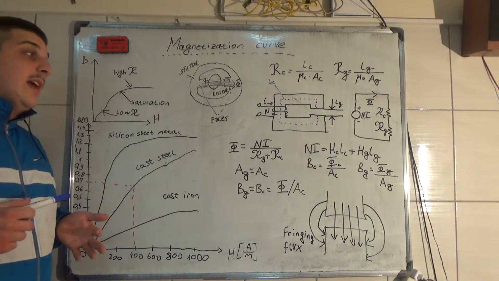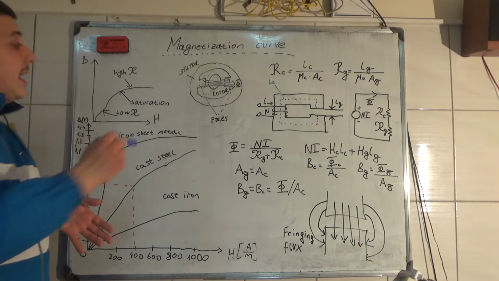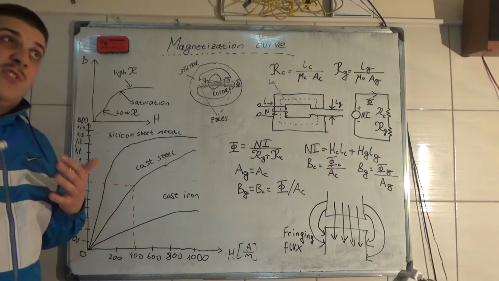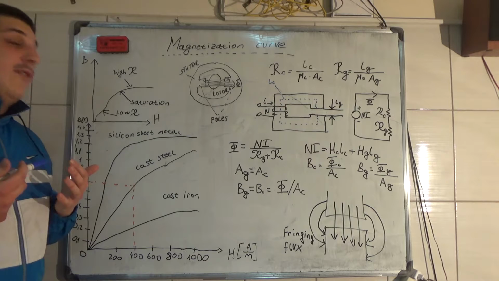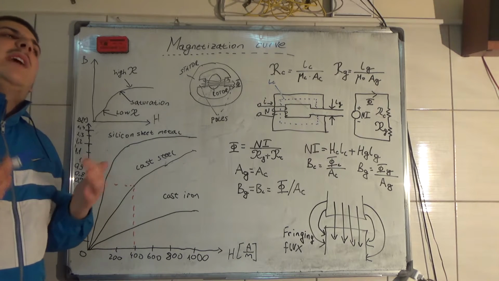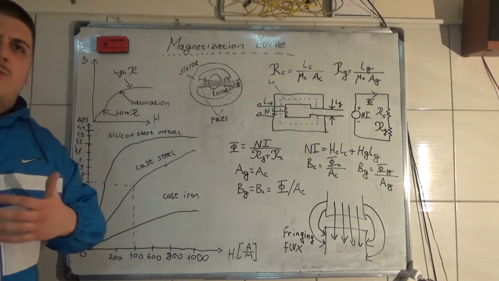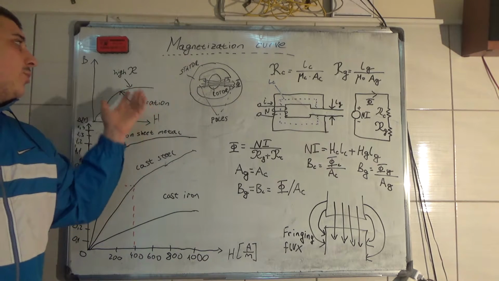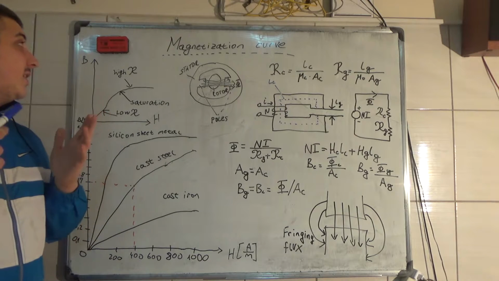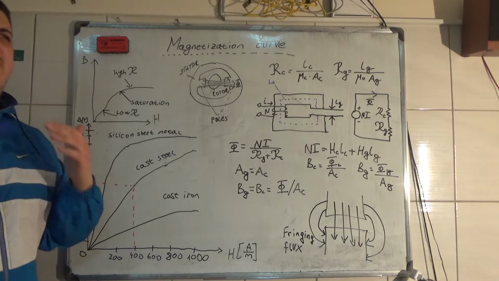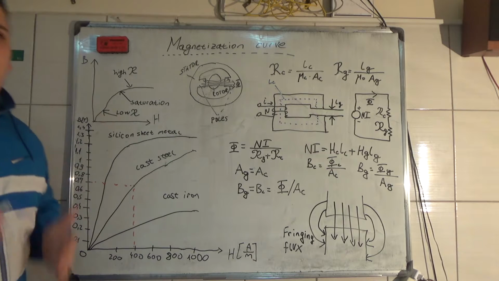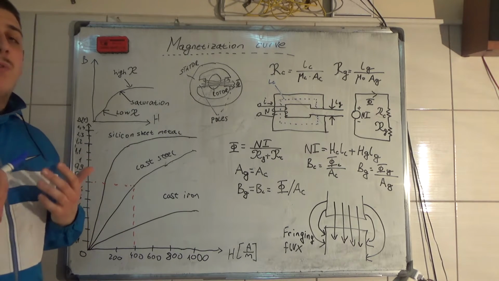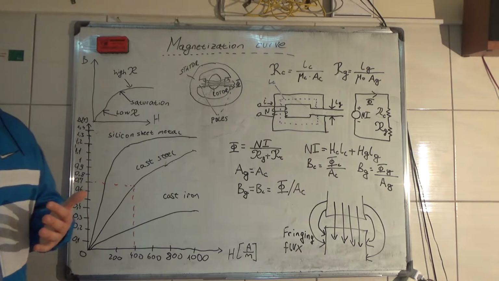The air can go to infinity and it's pretty much linear, but the relative permeability of air is 1, so you have to put a lot of current in, you don't know where, to make the satisfying magnetic flux density. So air is a big problem in electric machinery.